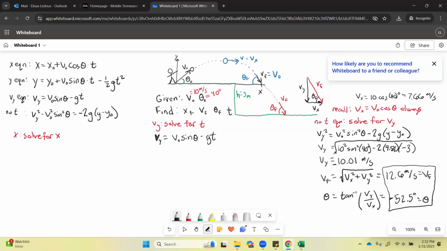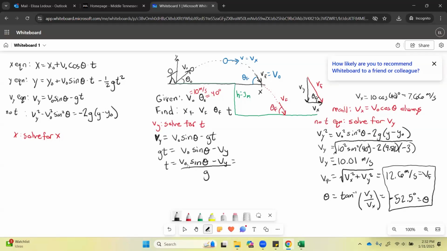Then we rearrange, let's say we take GT to the other side. GT equals V initial sine theta minus Vy. So T equals V initial sine theta minus Vy, over G.